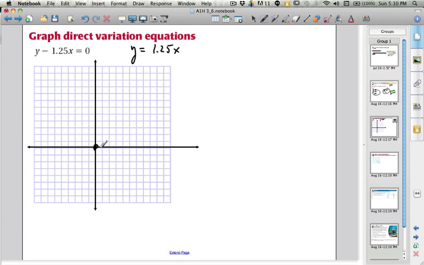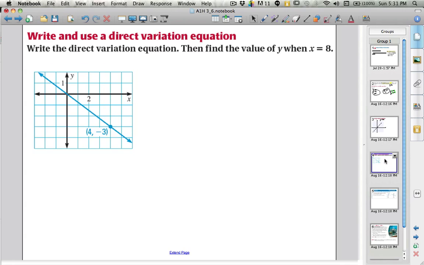So if I go 1 in x, that's 1 1/4 in y, and then that can be my graph. Of course this would really continue in both directions. I sort of made it look like a ray, but that's really not what it is. That's how you would graph a direct variation model, very similar to what we've already been doing.